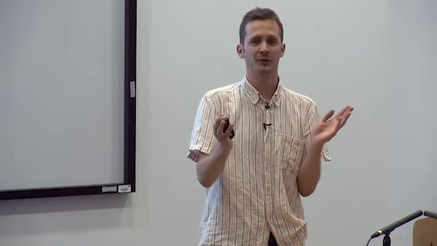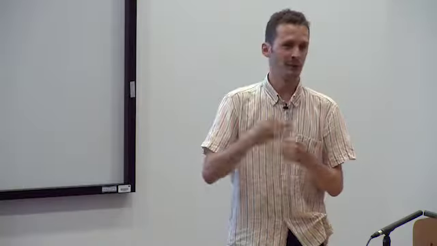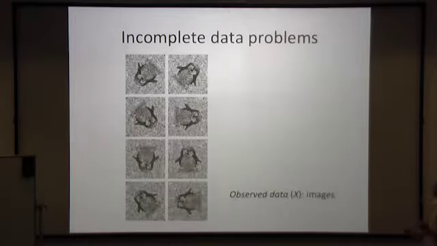Now, incomplete data problems are all around in science, and for the crystallographers in the audience, another very famous one is the phase problem in X-ray diffraction, where you only measure intensities of the Fourier components and all the phases get lost. How you deal with this kind of problem, as you'll see, is actually very similar.